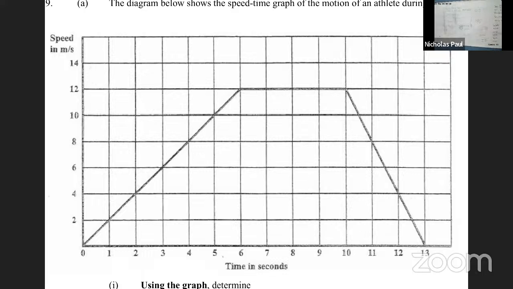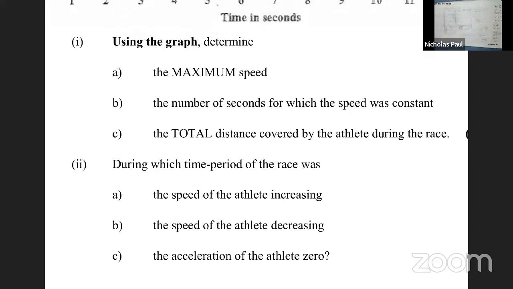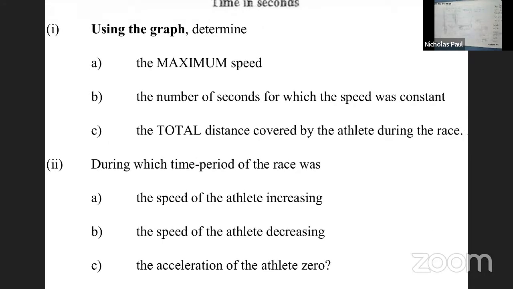What type of graph is this? Speed time graph, right? So it's following all the rules for speed time, right? You have it changing, right? Everybody have it? All right, so go. You'll need the graph first, so go ahead. I'm giving you a few minutes and then I'll go through it with you.